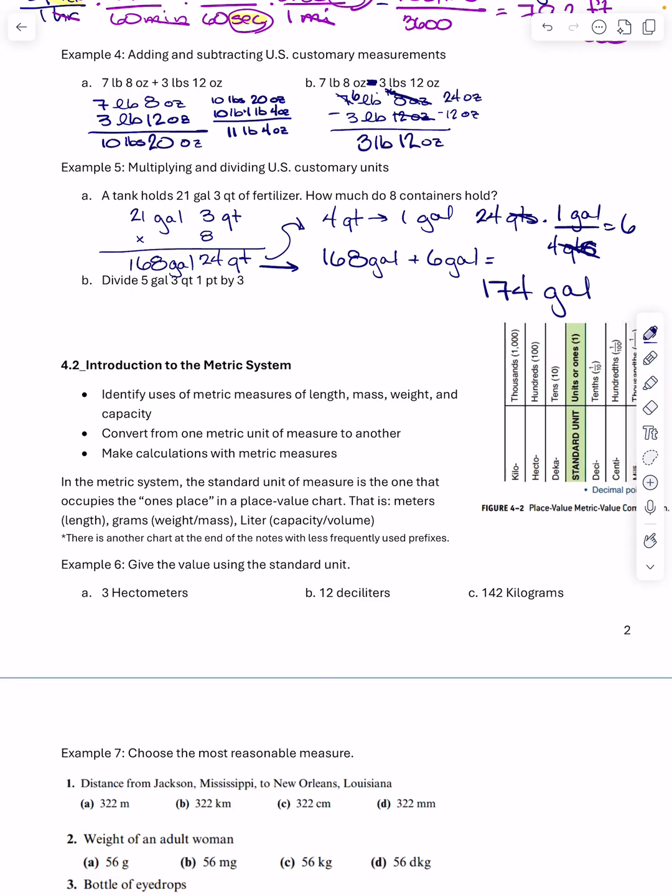If I want to divide 5 gallons, 3 quarts, 1 pint by 3, I'm going to go the opposite way. Divide by 3. I got one group of 3 gallons. Sorry, I can take out 3 gallons.